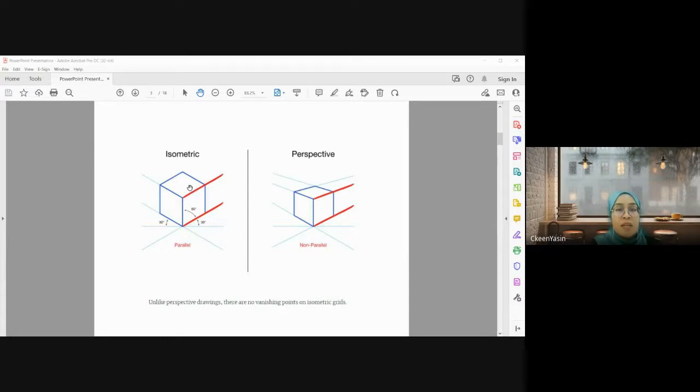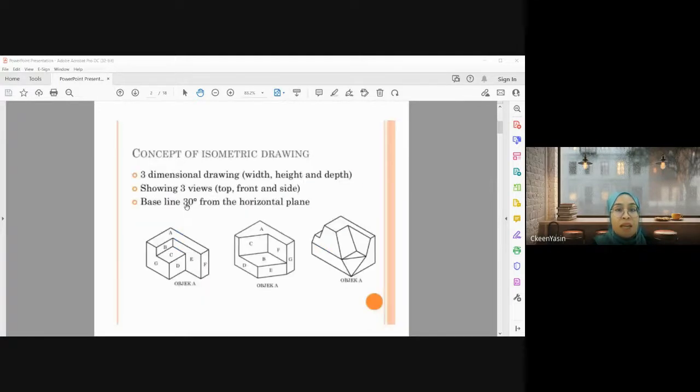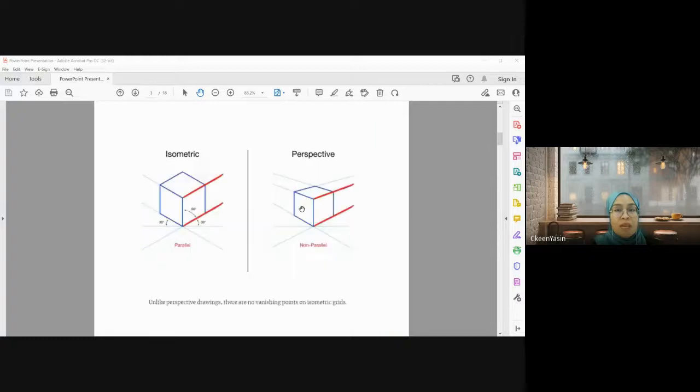Another thing that I didn't show here is axonometric. Axonometric is 45 degrees, but isometric is 30 degrees. When I mentioned 30 degrees just now, the baseline is 30 degrees from the horizontal plane. So I'm actually talking about this.